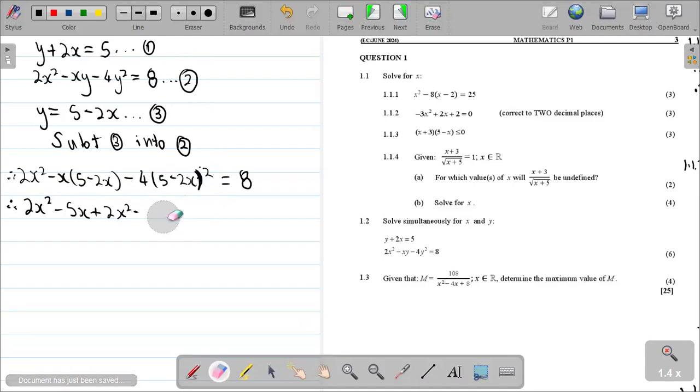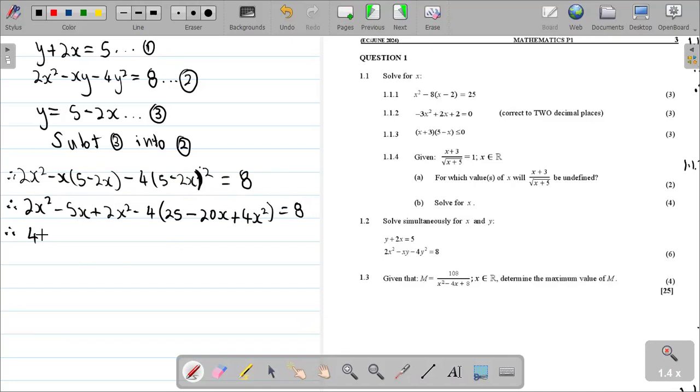So we should start by expanding the bracket here. So it's going to be 25 minus 20x plus 4x squared, and then equals 8. So it means, therefore, we can add the 2 here.